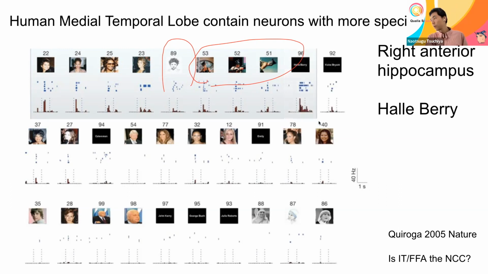But interestingly, the text of Halle Berry also generated a huge response, potentially even stronger than the visual response. This seems to suggest that this neuron is actually responding to the concept of Halle Berry, not the particular image of Halle Berry.